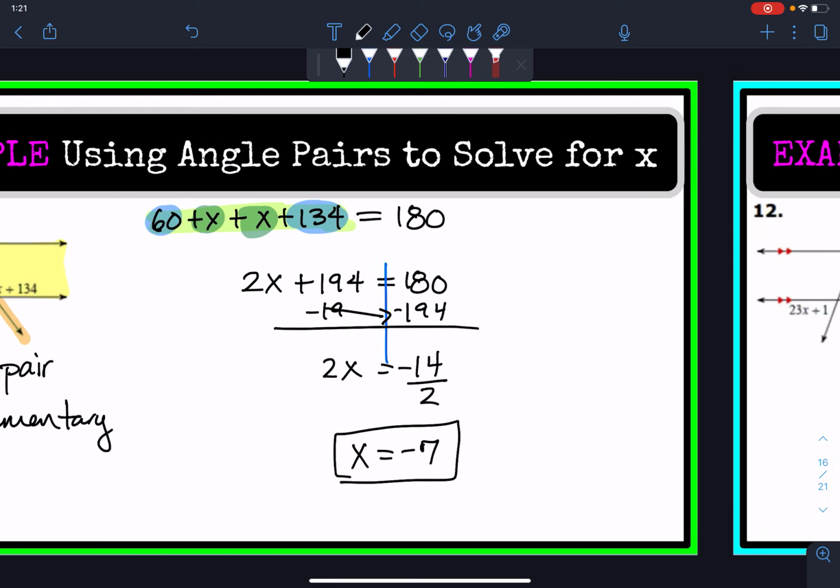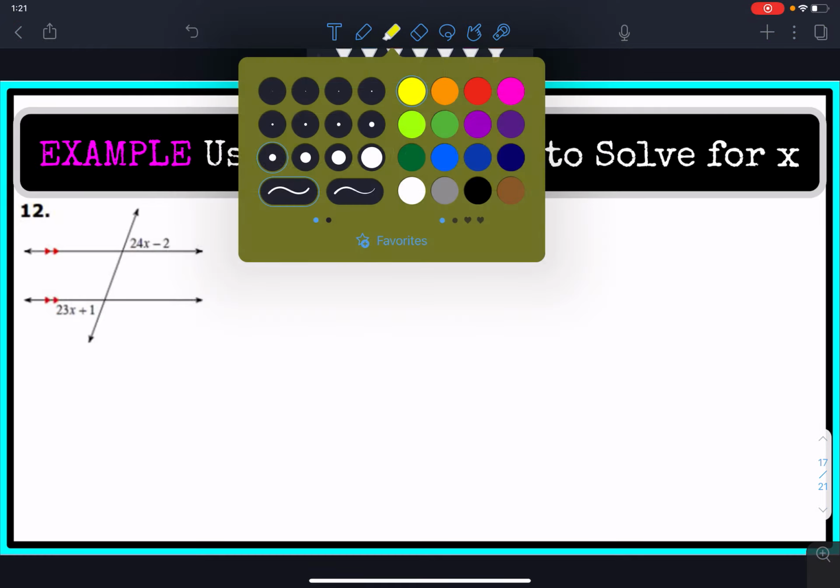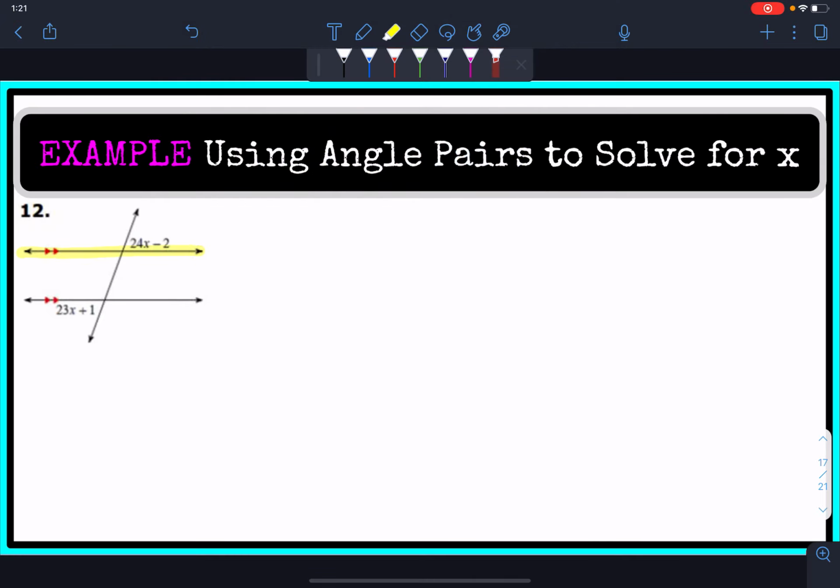And the last example, the inside is what's in yellow, and both of these angles are on the outside, so they're not interior, they're exteriors.